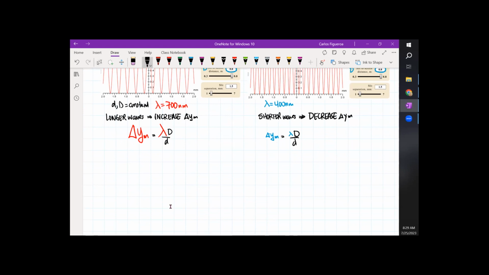Okay, so now let's go look at the screens, the slit separation. Now I'm going to look at the fringe separation, and this is proportional to 1 over the slit separation.